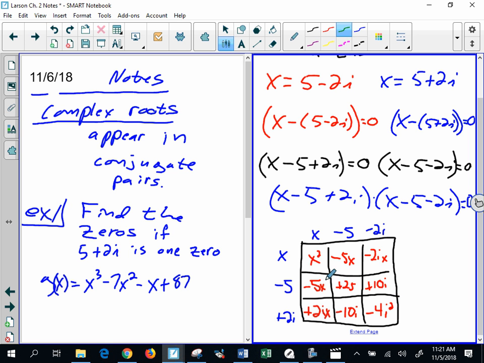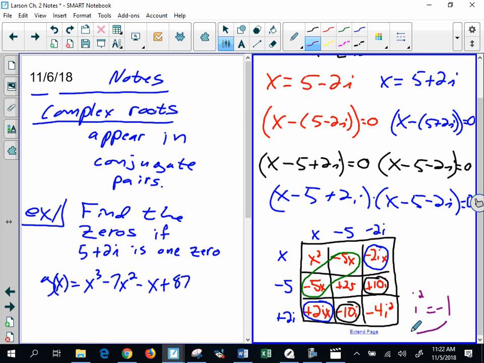We can start combining some like terms. There are no other x squareds, but I can combine these two. I can combine these two, and those are going to zero out. I can combine these two. These are also going to zero out. And then remember that i squared is negative 1.